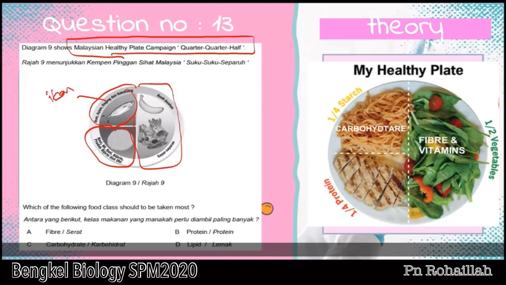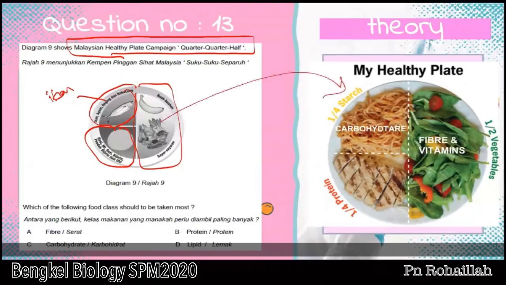So, which of the following food classes should be taken the most? Yang paling banyak sekali kena makan yang mana? So, dia bagi fruits and also vegetables. Fruits and vegetables is not a food class, it's a type of food. We have 7 classes of food, you ingat tak? Look at here, di bahagian kanan, sorry.